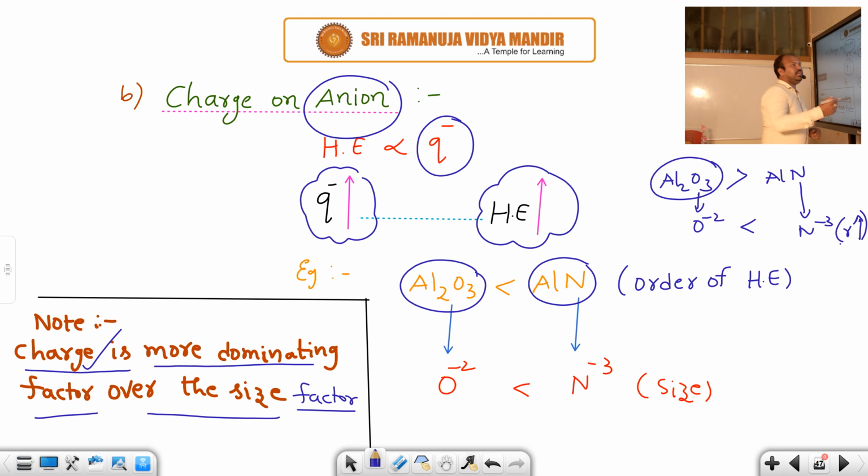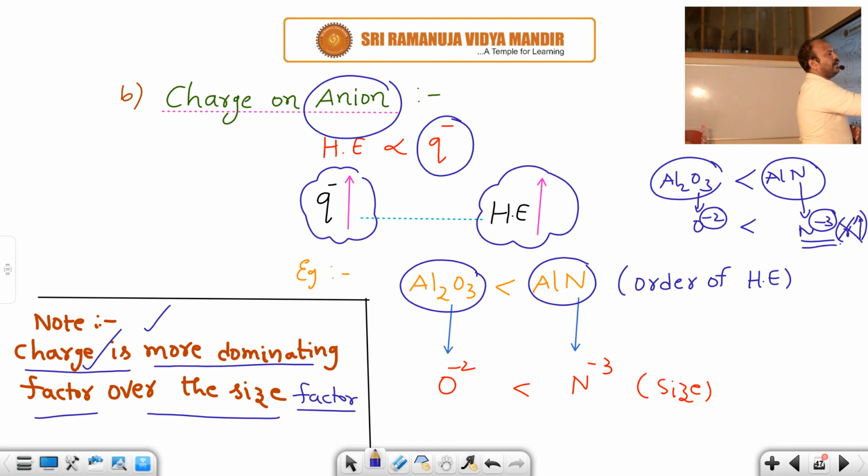But comparing with Al2O3, which has more hydration energy? AlN has more hydration energy. How can I say this? Here we can apply the note: charge is a more dominating factor over the size factor. Here the oxygen charge is -2 and the nitrogen charge is -3. So where is the charge more, students? The nitride ion has more negative charge. That's why, as the charge on the anion increases, hydration energy increases. Due to that reason, aluminum nitride has more hydration energy.